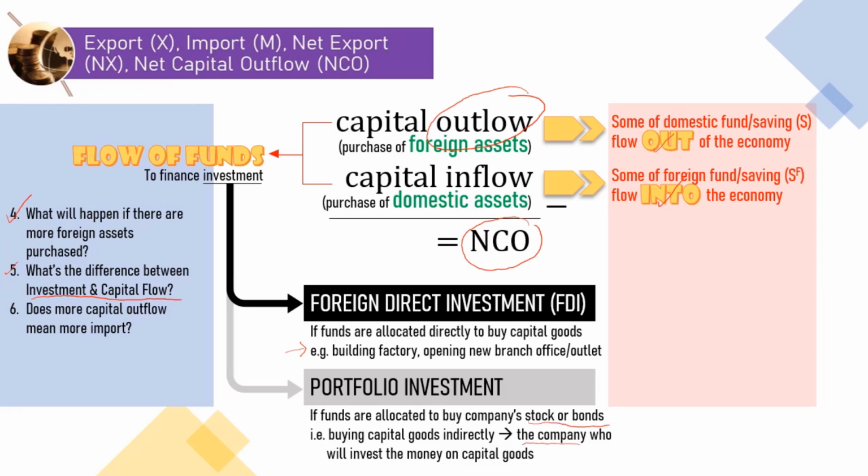How about question number 6? What do you think? We will soon talk about the identity equation stating that net export is always equal to net capital outflow. But we will see also that capital outflow has no one-to-one correlation with the country's import.